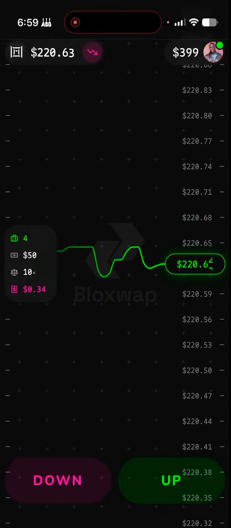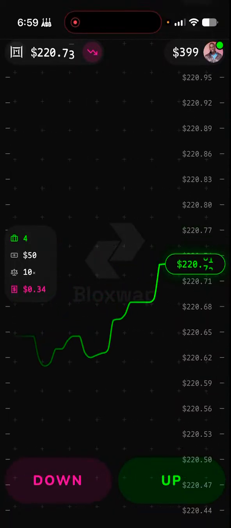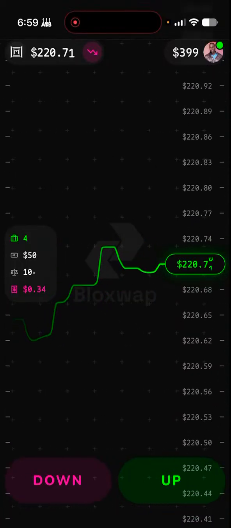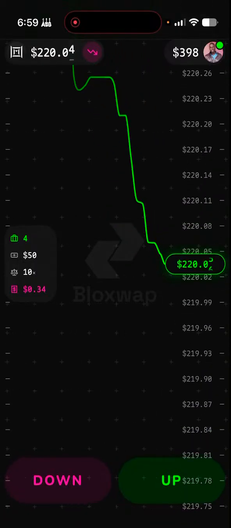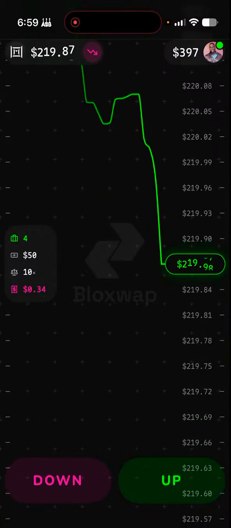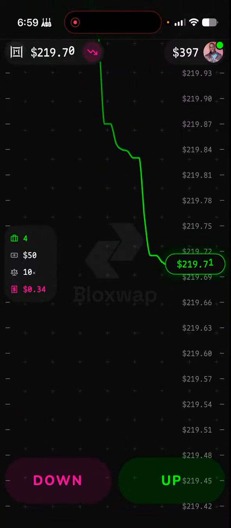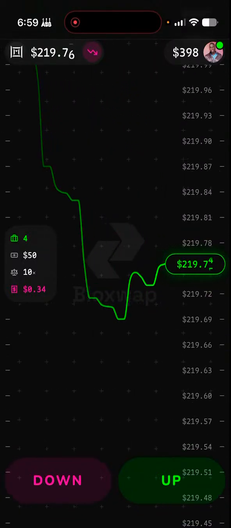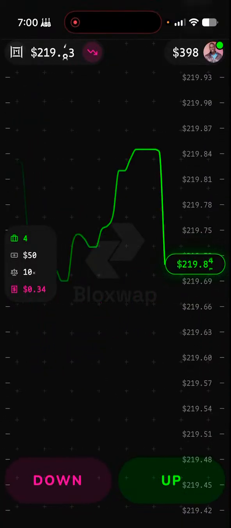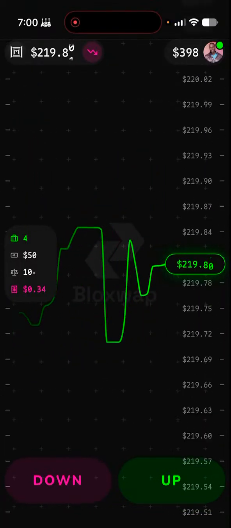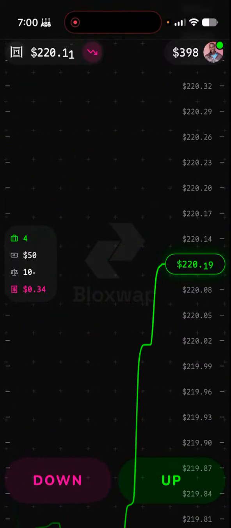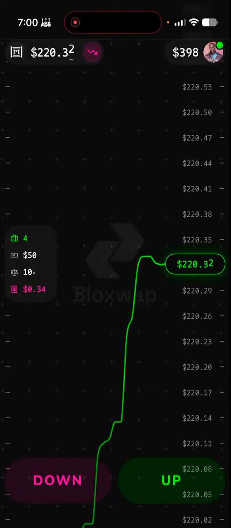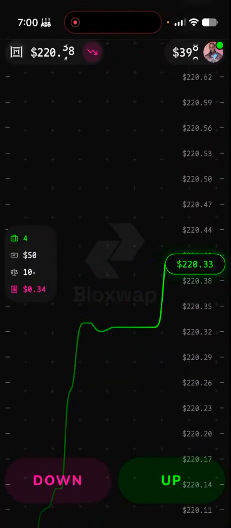And so I don't know if that would be helpful because I feel like if it says down and you're above the place where it says you're down from, that may be bad. Basically, the closer you are to where this down arrow got triggered, the better, right? You want to be as close to this thing as possible. If it says down and you're already $20 away or $30 away, maybe you've already missed the run.